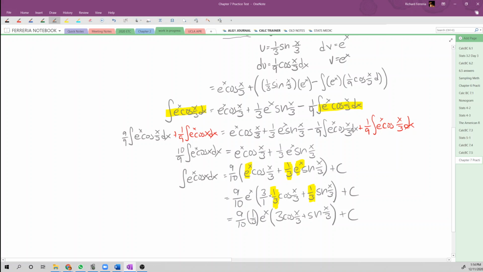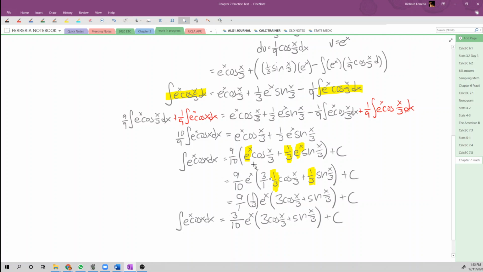So there's that 3 cosine x over 3. That's where the 3 comes from. And then for this 9 over 10 multiplied by 1/3, of course you can multiply that out. That brings us to a final answer of 3/10 e^x, times 3 cosine x over 3 plus sine of x over 3, plus that constant.